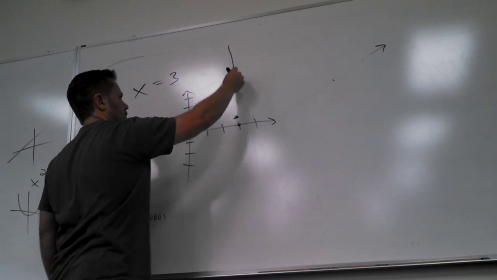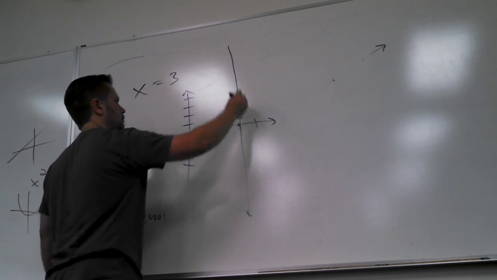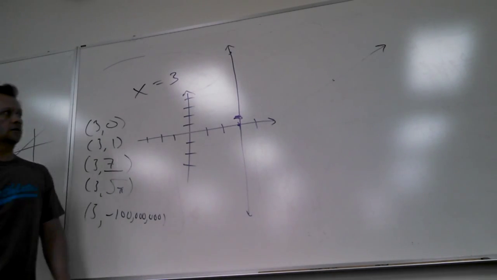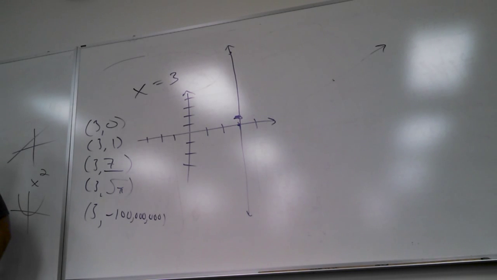So the line is going to look like this, isn't it? It's going to be straight up and down. If you miss a point, just make the point bigger. It's a straight up and down line.